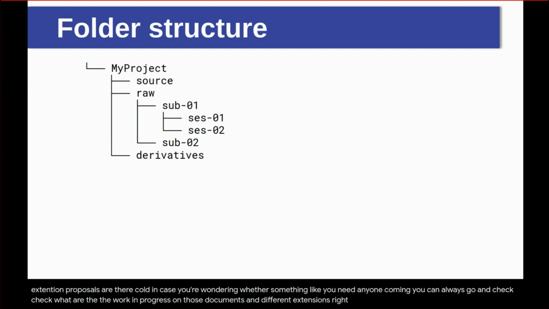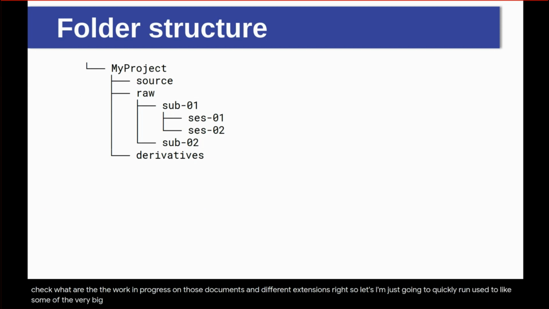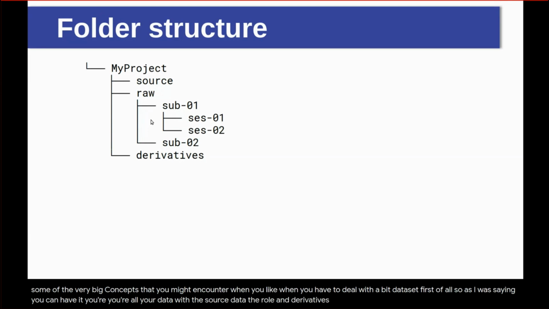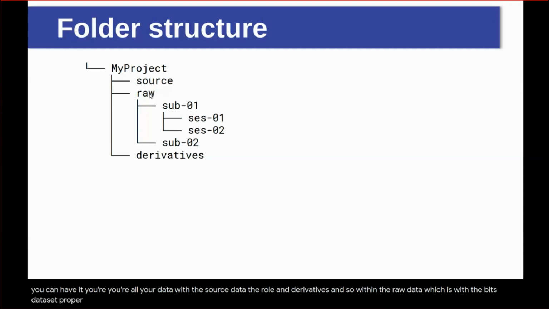Right, so I'm just going to quickly run you through some of the very big concepts that you might encounter when you have to deal with a BIDS data set. First of all, as I was saying, you can have all your data with the source data, the raw and the derivatives. Within the raw data, which is usually the BIDS data set proper, everything is organized hierarchically with one folder for each subject.